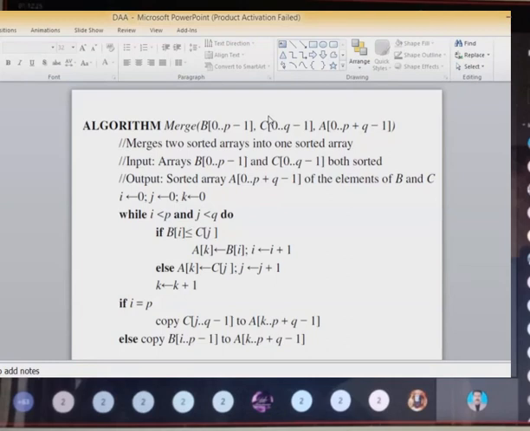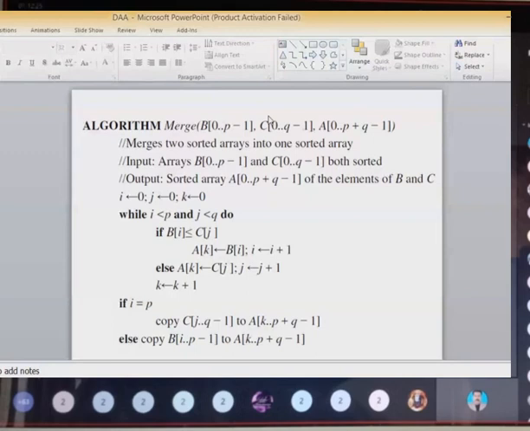This algorithm merges two sorted arrays into one single sorted array, capital A. Now, what are the inputs to this second pseudocode? Two arrays, B and C. The output is the sorted array A of the elements of B and C.